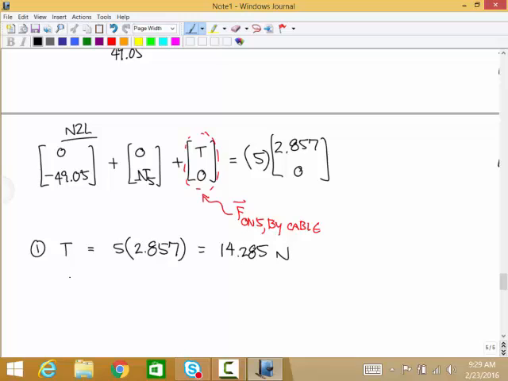And so now you can plug that variable back into the vector, and you get that the force on the 5 by the cable is 14.285, 0 N.